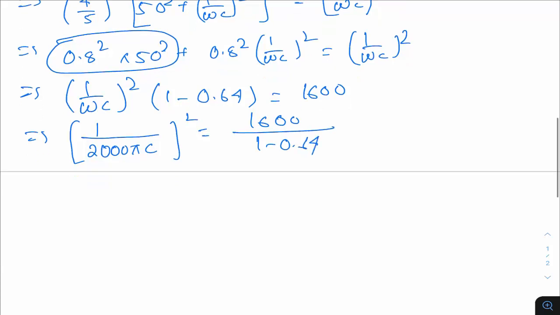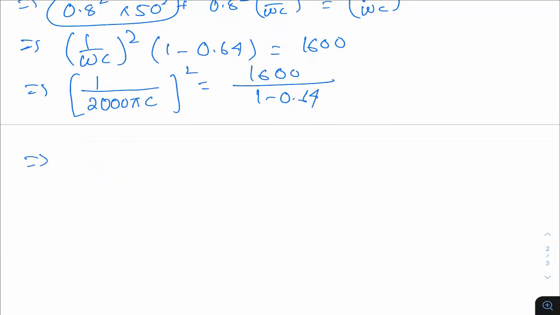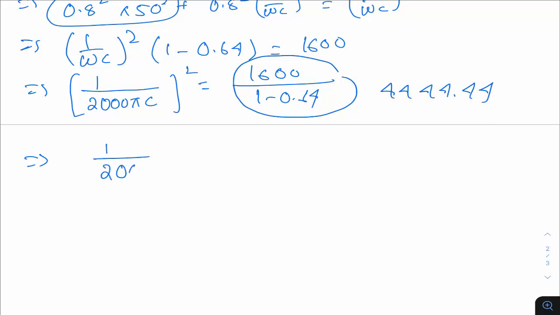Then if you simplify this quantity, this happens to be 4444.44. And if I take square root now, 1 by 2000 pi C, square root means this will go, and if I take square root of this, this happens to be 200 divided by 3.